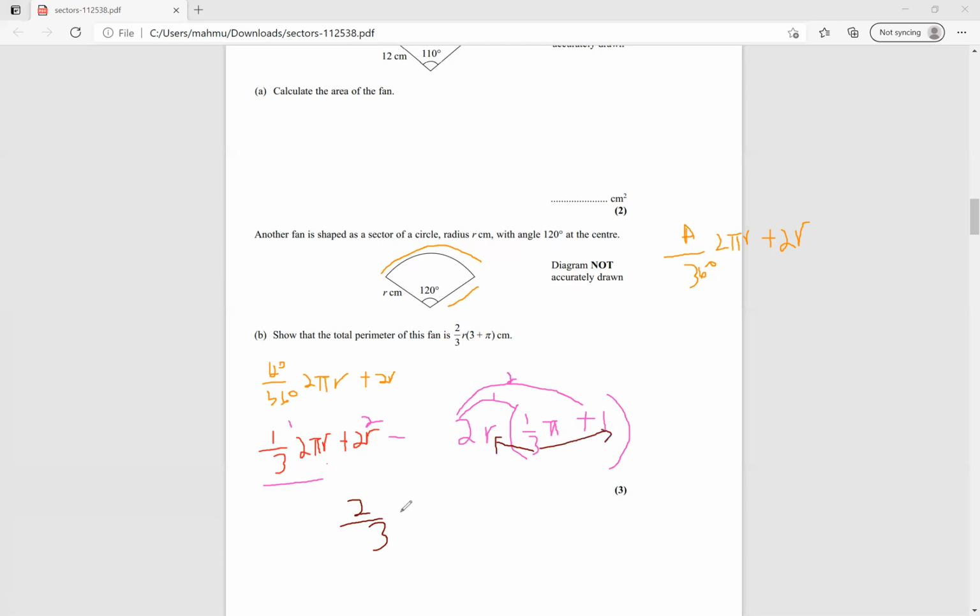So 2 pi r, then I am left with only pi inside there now, and this becomes 1 over 3. So now you could see it's the same thing. I've got 2 over 3 here, the first part, the r is here. All I did is took that 3 away from there and made it into 1 times pi, so the pi is there.